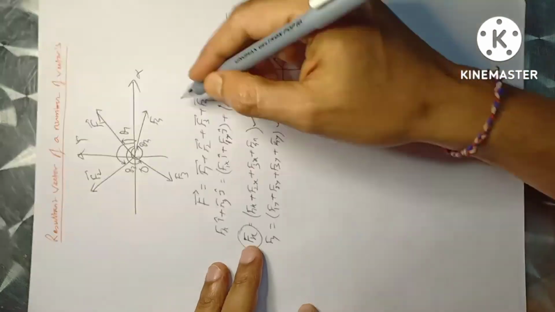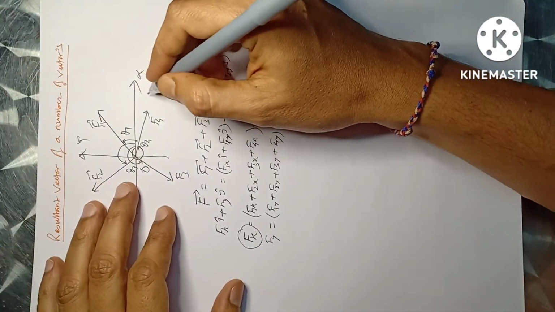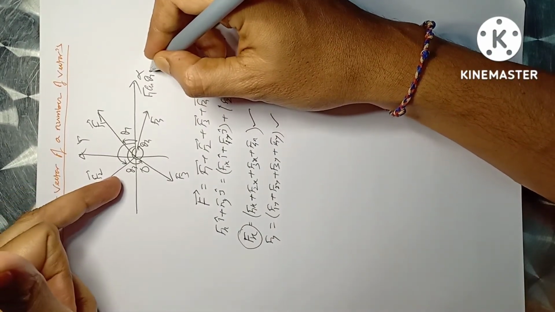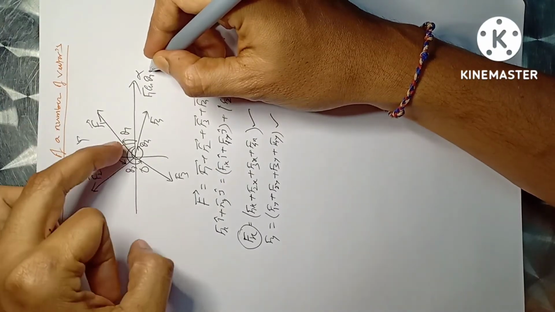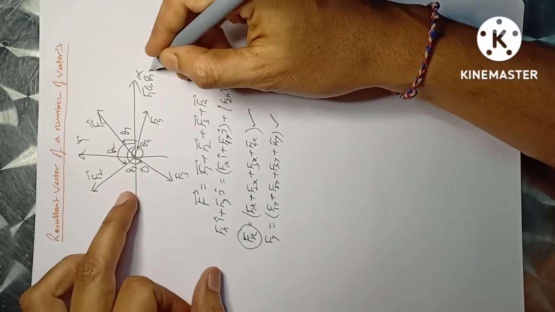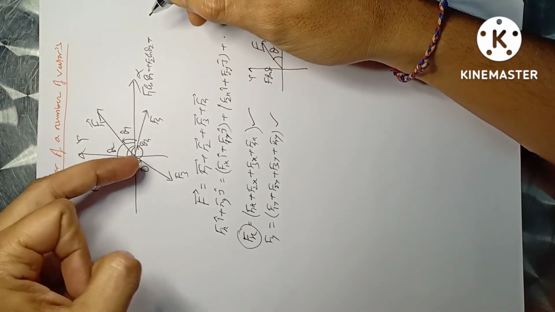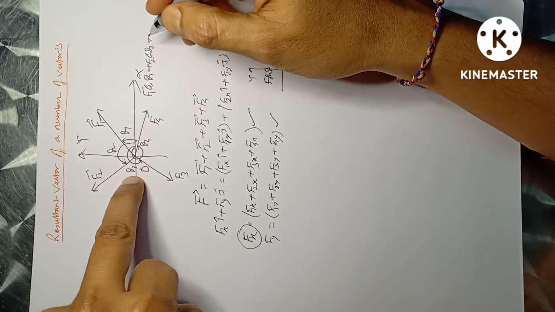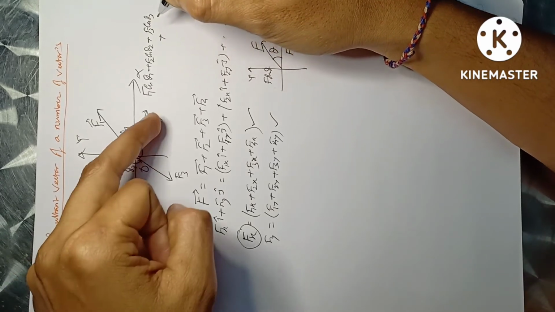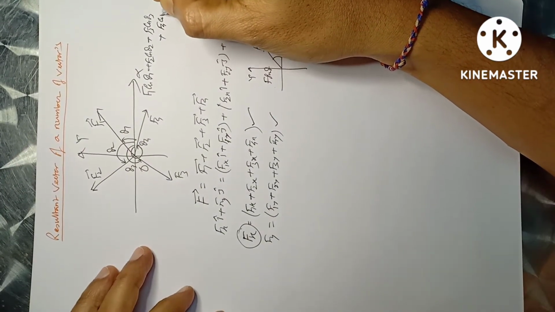So we can write the component of f1 along the x-axis is f1 cos theta 1, and the component of f2, which makes angle theta 2, is f2 cos theta 2, plus the component of f3, which makes theta 3, f3 cos theta 3, plus the component of f4, which makes theta 4, f4 cos theta 4.